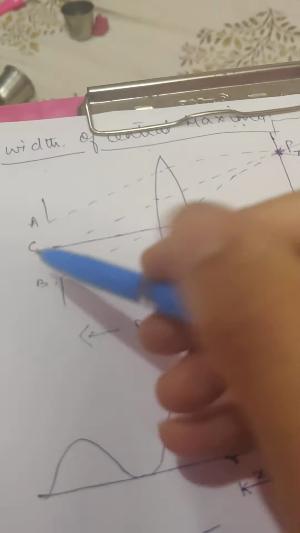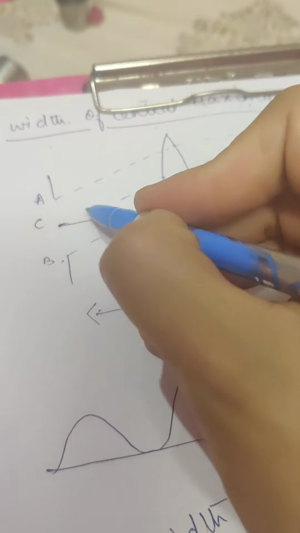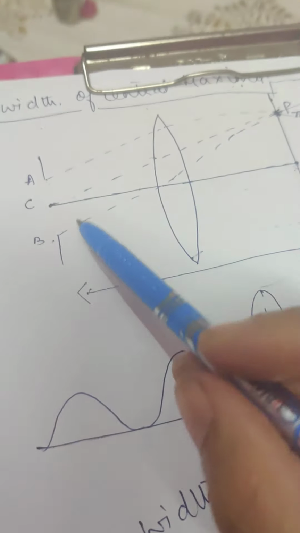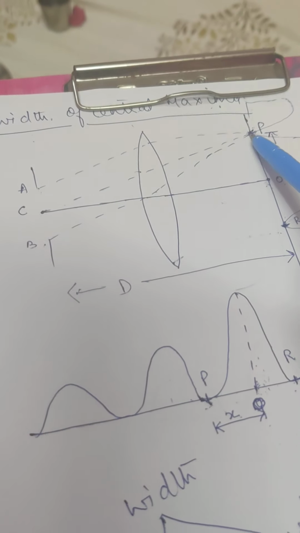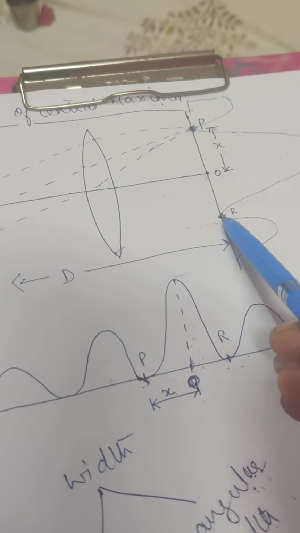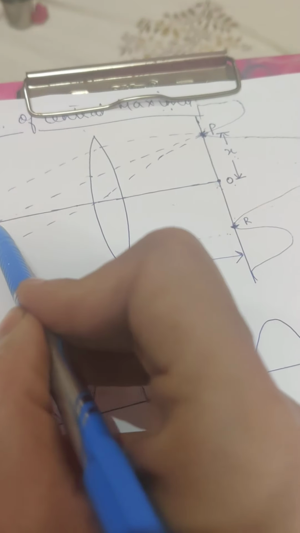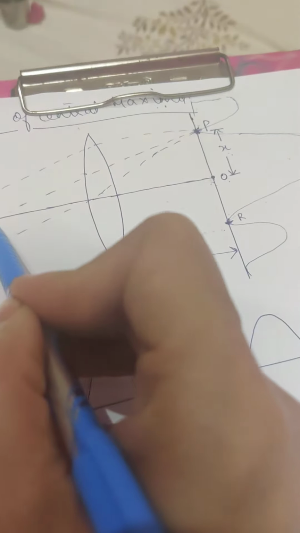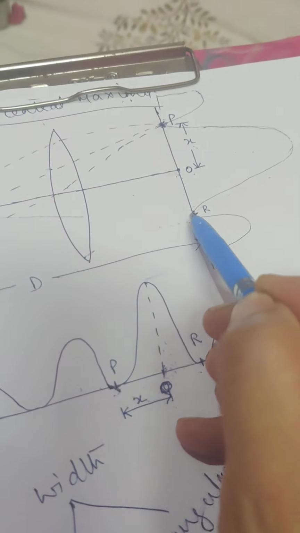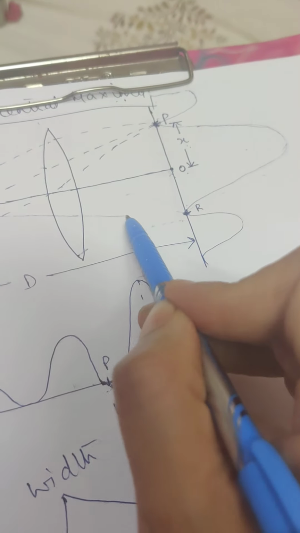See beta, this is my diffraction angle, these rays are diffracting and they meet at point P. If I'm considering point R here, and I'm joining this point C and R, let me join.